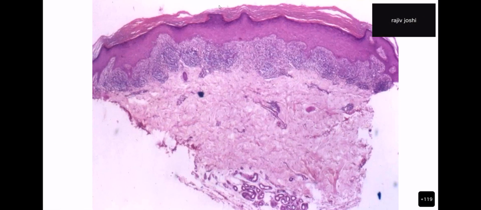Shall I start, sir? Yeah, please. This image of the skin biopsy shows lamellated hyperkeratosis. This is a low power section where we can appreciate the lamellated hyperkeratosis and focal wedge-shaped hypergranulosis.